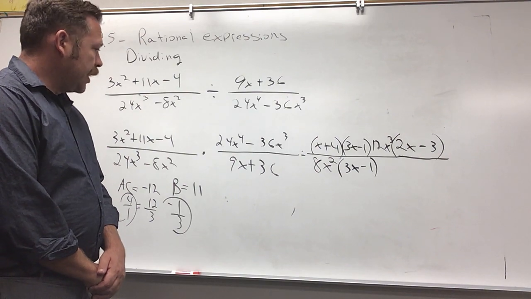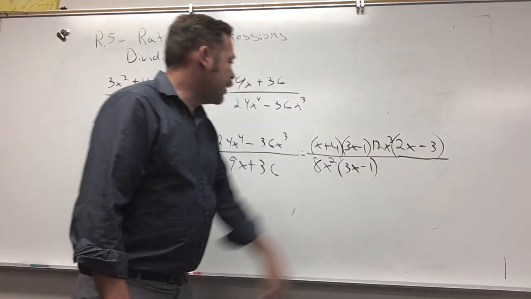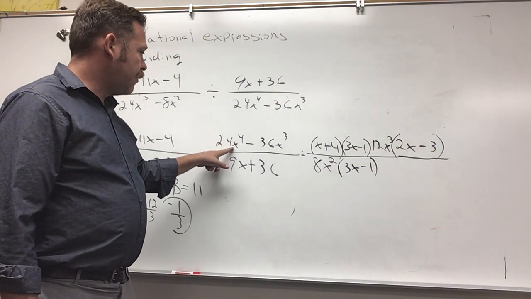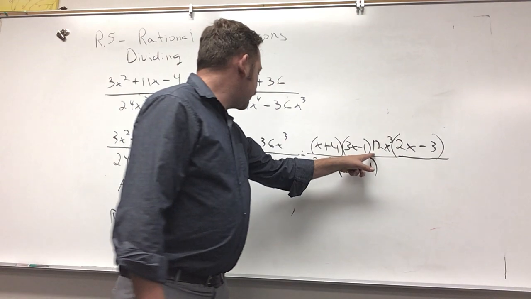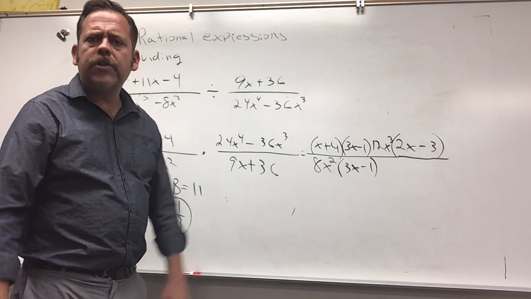Let's see, we can check to make sure we did it right, which I should. 12x cubed times 2x is 24x to the fourth. 12x cubed times 3, yeah. Yep, I checked with distribution, wasn't so sure myself. You can always check, right?